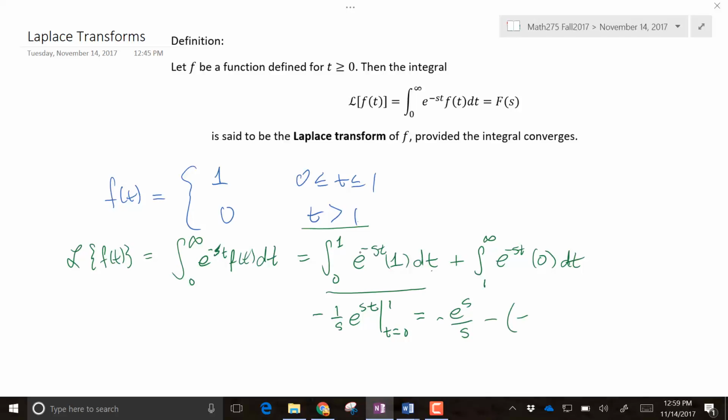The power should be negative s, yes. And then put 0 in there, everything disappears, e to the 0 power is 1, so that's just 1 over s. All in all, it becomes 1 over s. Let me just switch the order. It's just going to be 1 over s minus e to the negative s over s. Okay?